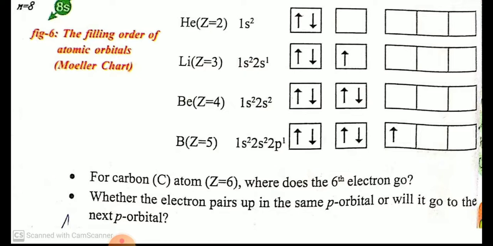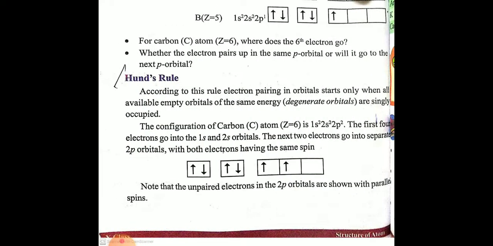But what about the sixth electron in carbon? Because there are 6 electrons in carbon, whether it goes into 2px or 2py will be known with the next principle, that is Hund's rule. Let us learn it in the next lesson.